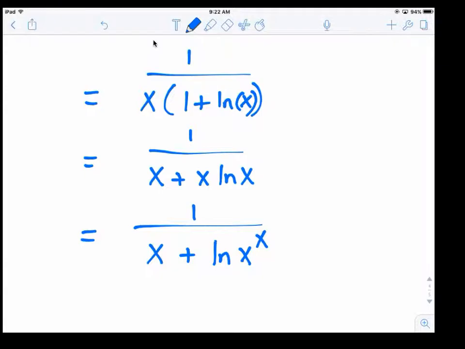Right, so if you are multiplying the ln with something, what you can do is take what you're being multiplied by and put it up as an exponent. X cubed, right? Yep. Yep.